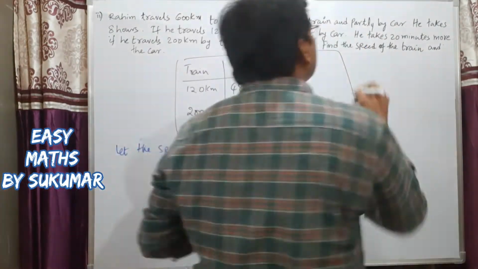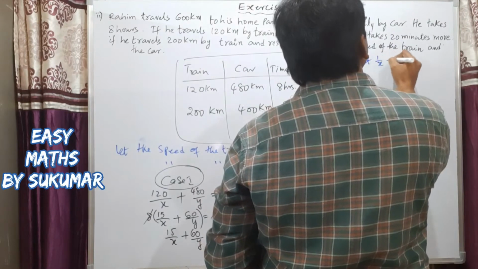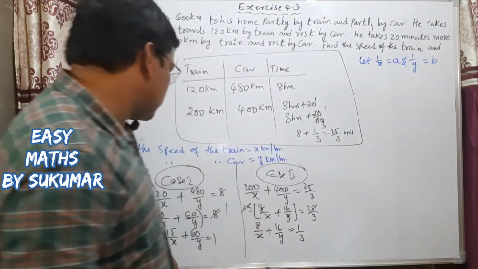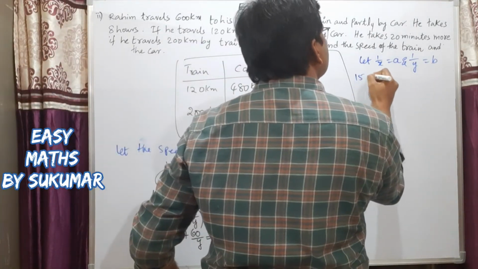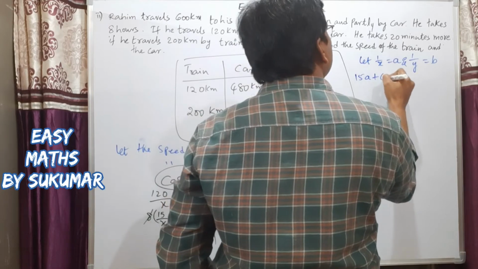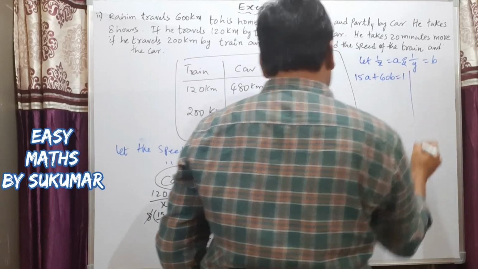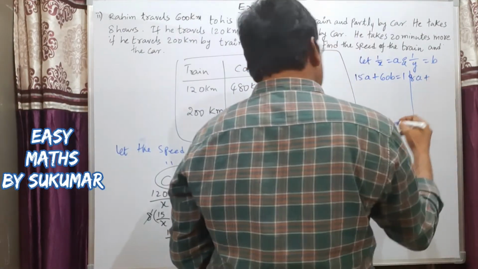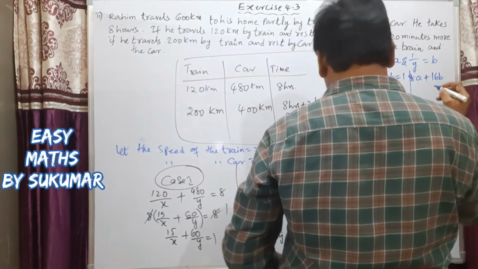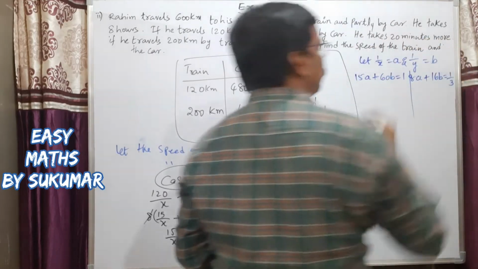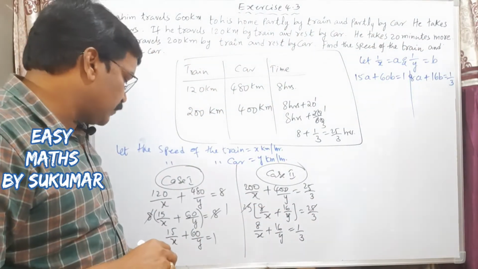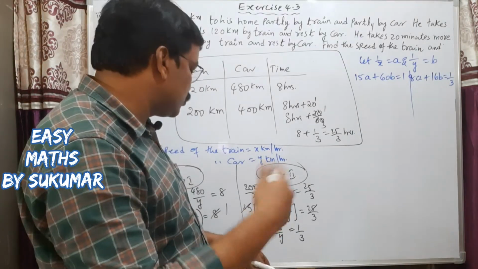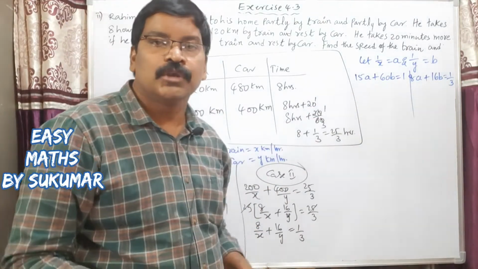So the first equation changes to 15a plus 60b is equal to 1, and the second equation changes to 8a plus 16b is equal to 1 by 3.